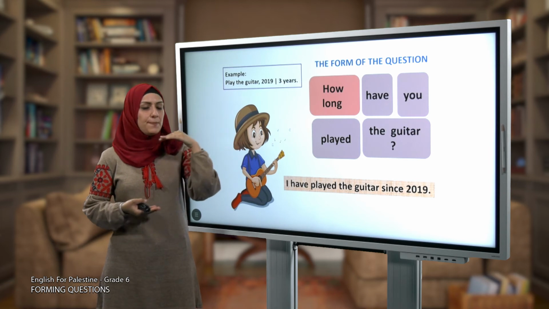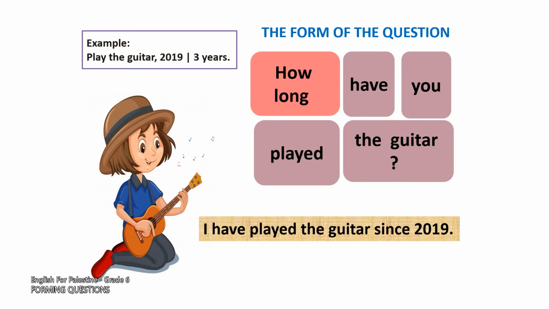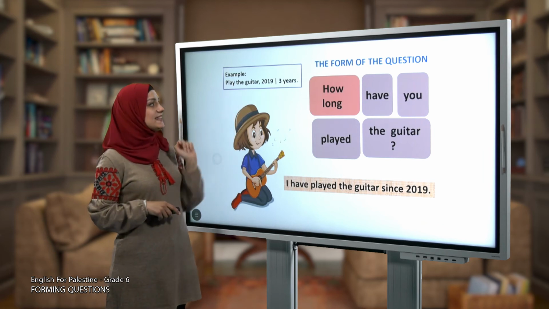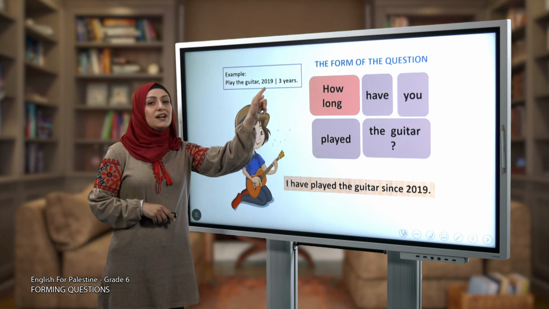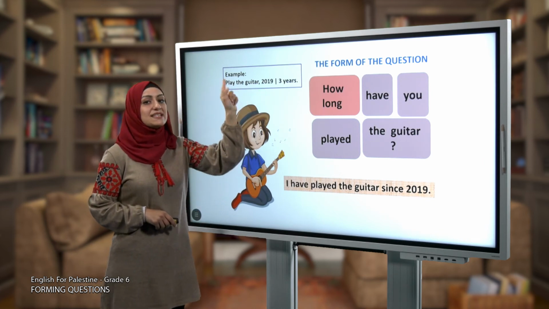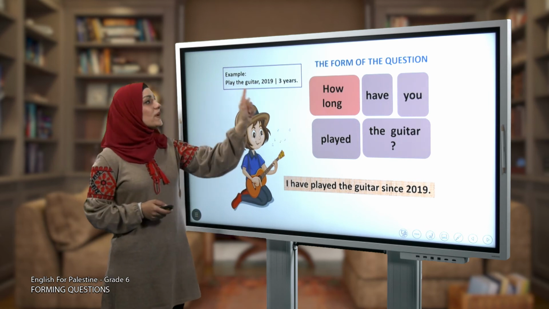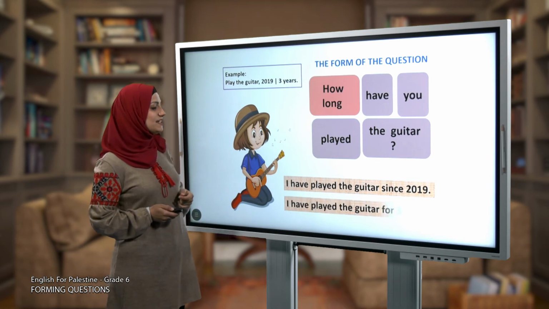We want to know the period. He answers, I have played the guitar since 2019. He can also say that I have played the guitar for 3 years. Excellent. So with 2019, we should use since. With 3 years, we use for. Excellent, students.